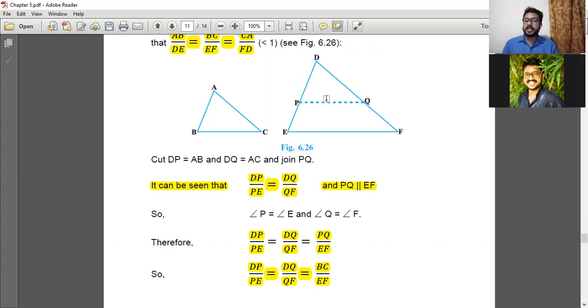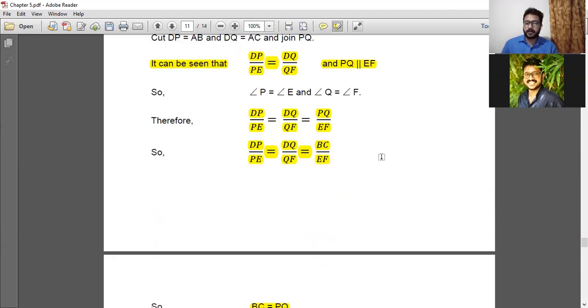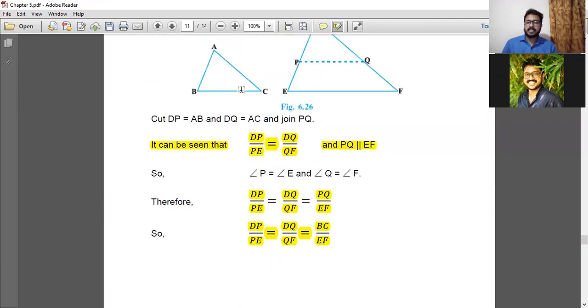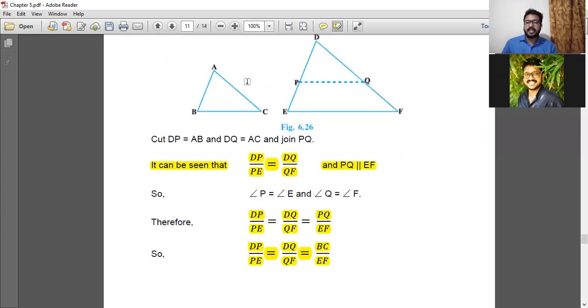We wanted to prove the corresponding angles should be equal, that is, angle A should be equal to angle D, angle B equal to angle P, and angle C equal to angle Q. So thus we can prove this: angle A is equal to angle D, angle B is equal to angle E, and finally angle C is equal to angle F.